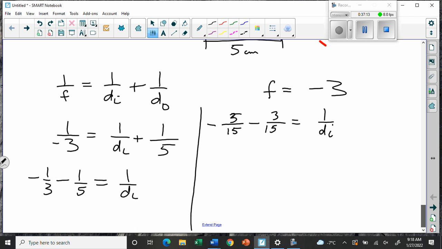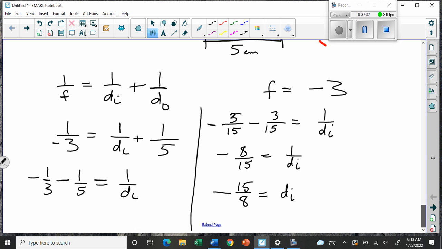So we have negative 5 minus 3, which is negative 8, right? So we get negative 8/15 as 1 over di. And so that means that if we go negative 15 over 8, we get our di.